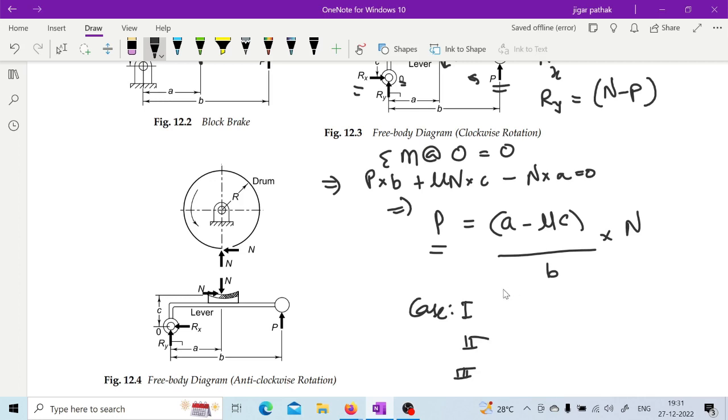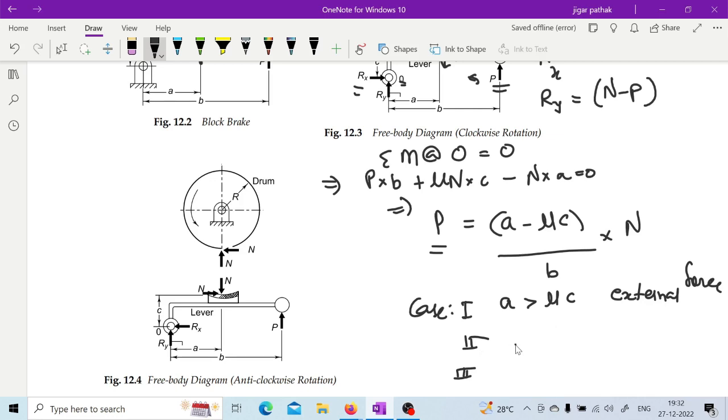The first case is that this distance A is greater than mu into C. If A is greater than mu into C, it means you need to provide some external force in order to stop the drum. So this is the case where external force is required.